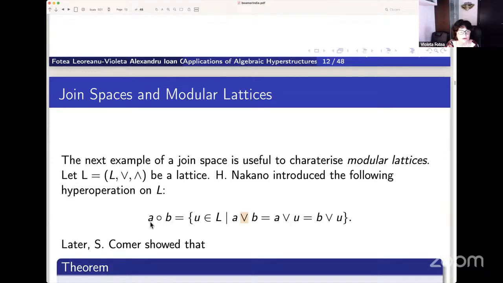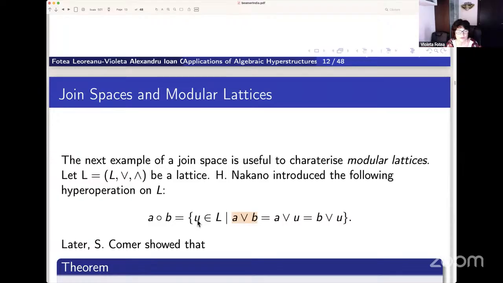For join, we can define A times B as the set of all elements U such that the join between A and B is equal to the join between A and U, and equal to the join between B and U. Notice that this set is non-empty because the supremum of A and B belongs to this set.